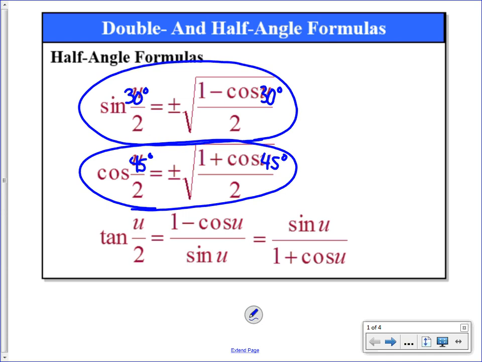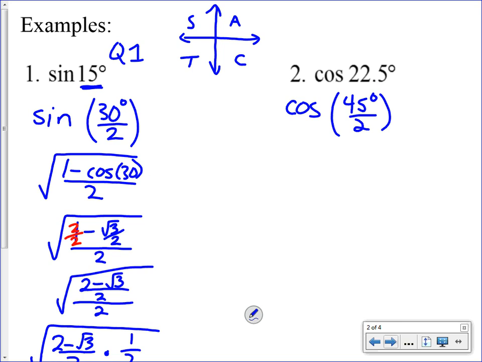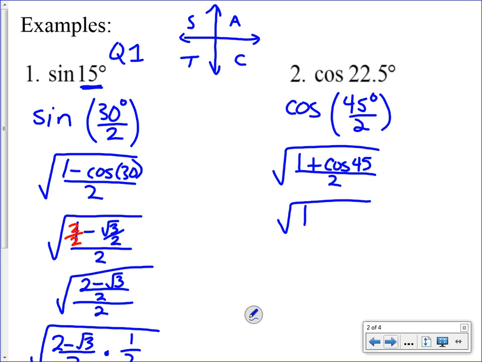Again, we're going to use the positive root because 22.5 degrees is in quadrant 1. So this will become the square root of 1 plus the cosine of 45 all over 2. Then we find cosine of 45 from our unit circle. 45 degrees is pi over 4, so cosine of pi over 4 is square root of 2 over 2, all over 2.